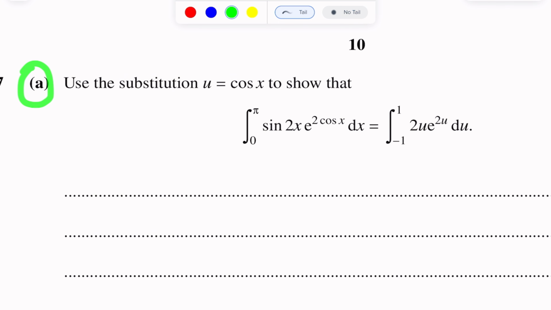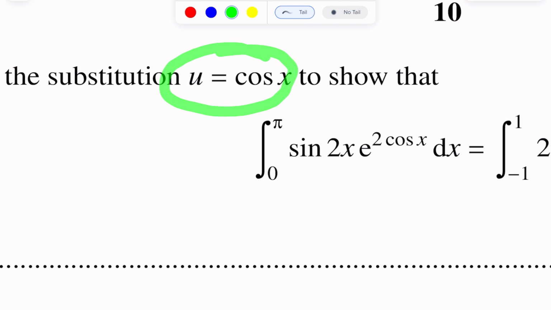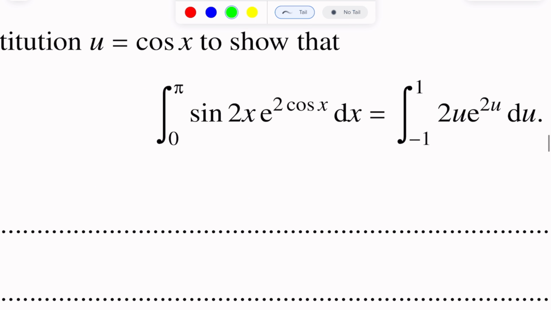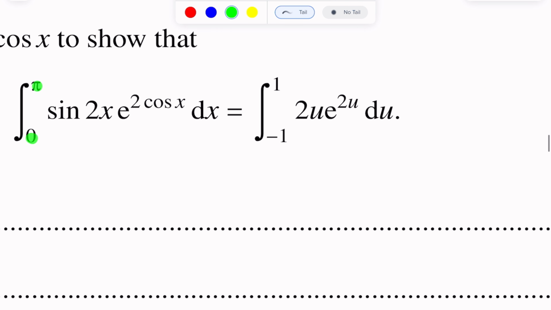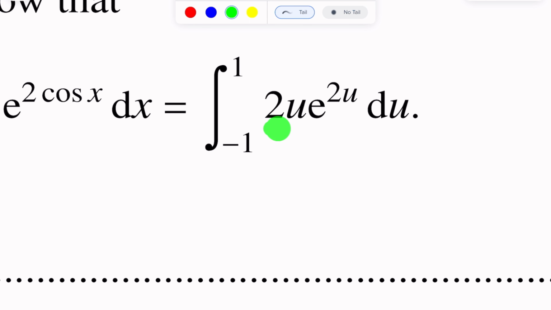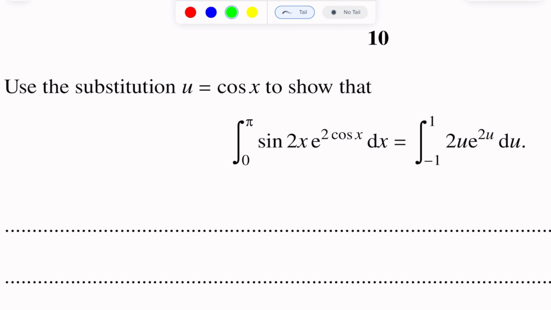Part A. Use the substitution u is equal to cos x to show that the integration of sin 2x e power 2 cos x, with the limit 0 to pi, is equal to the integral from minus 1 to 1 of 2u e power 2u with respect to u. This is integration by substitution.